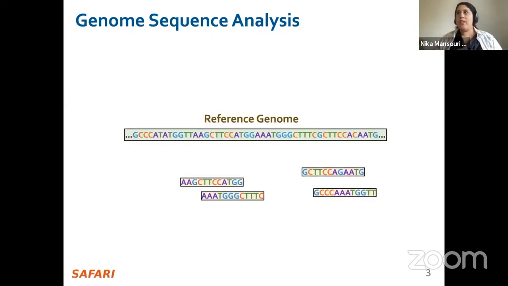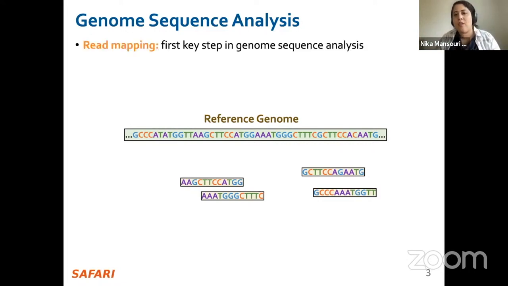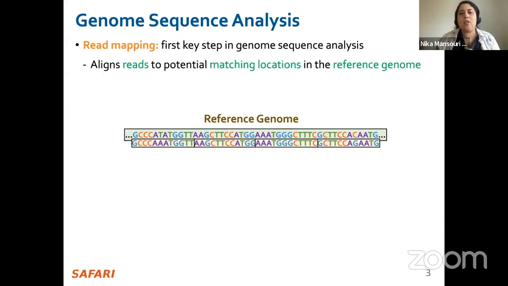So in order to have any analysis of the data that we have obtained, we need to perform an operation called read mapping, which is the first step in genome sequence analysis and aligns reads to potential matching locations within the reference genome.